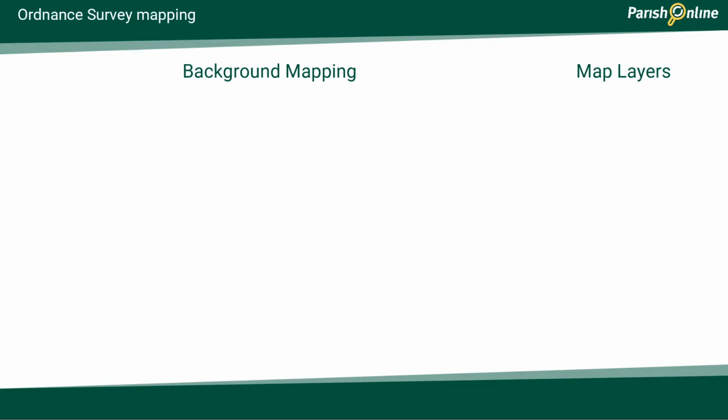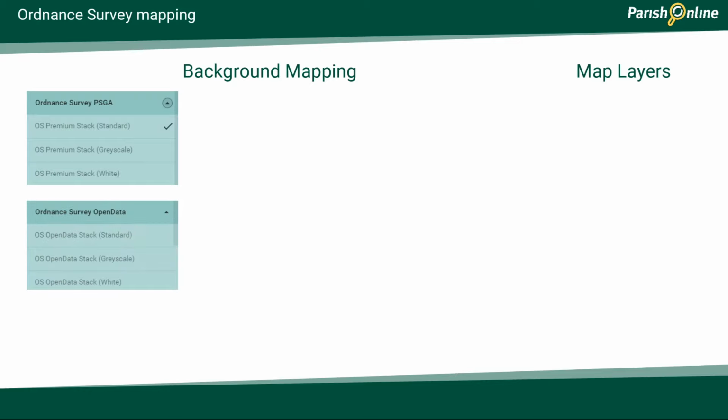The first one is the background mapping, and another is map layers. You'll see background mapping as these teal or sort of greeny grey collections on the left hand side of your Parish Online screen. And you'll see Ordnance Survey PSGA. Until recently that was PSMA, but that's a naming change. You'll see Ordnance Survey Open Data.